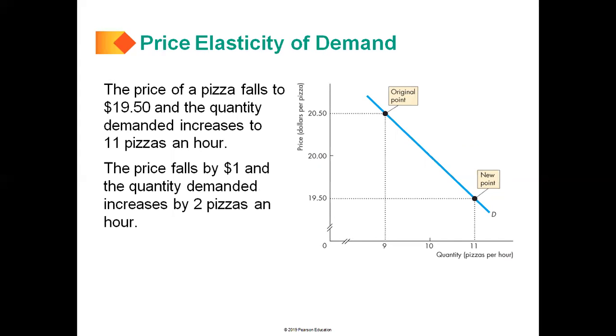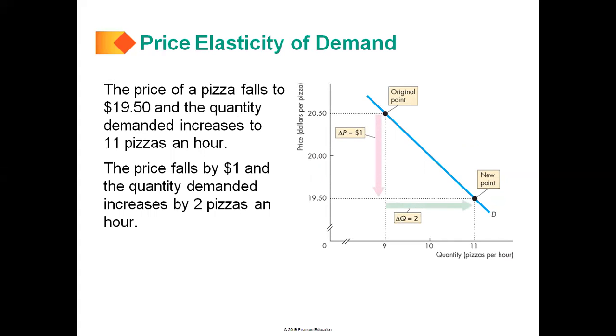So we don't just go 1/2. We have to calculate the change in quantity demanded over the average quantity demanded between the 2 points, and then the change in price in the denominator. The change in price will be $1 over the average. And so you'll see what that looks like.